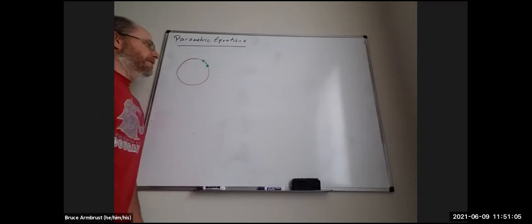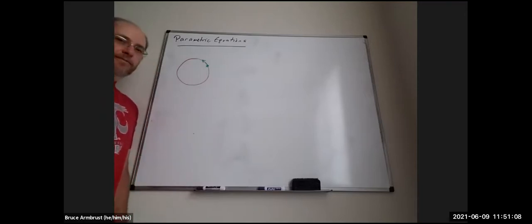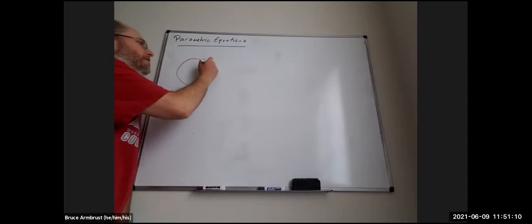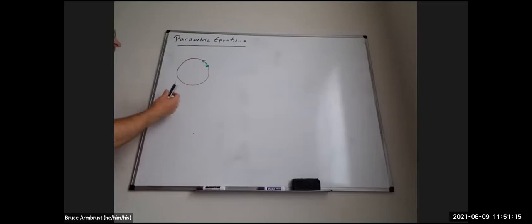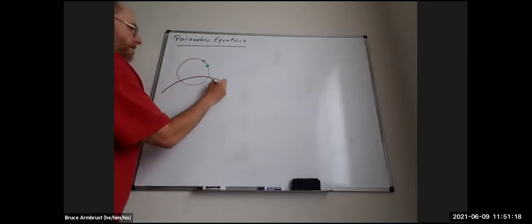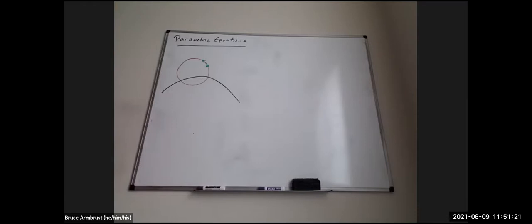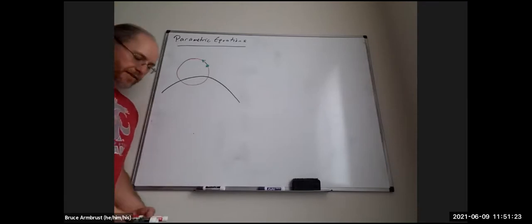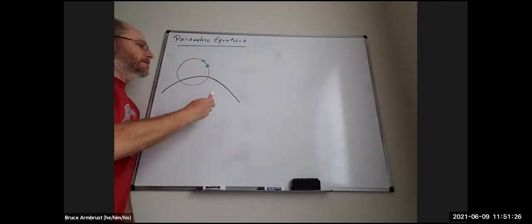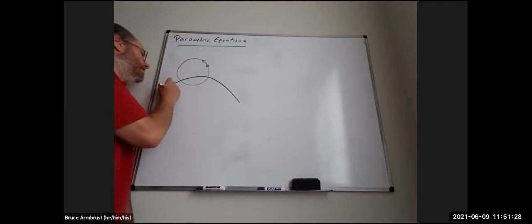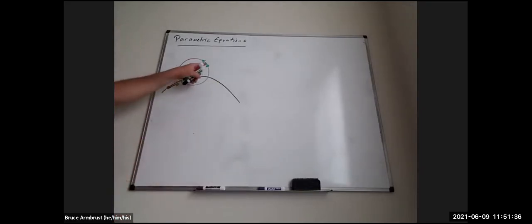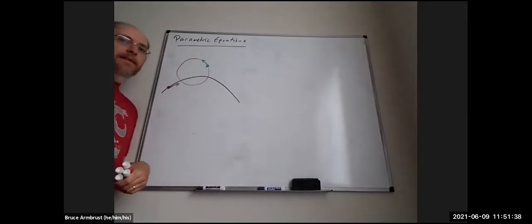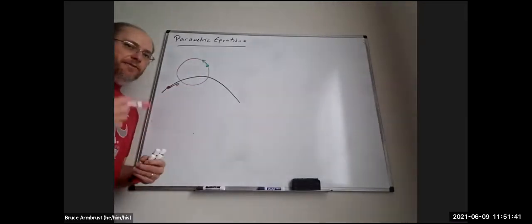And let's just say that it's moving in a counterclockwise direction. Okay, so got this going on. Now, we're going to have another path that does this. And there's also going to be a particle that's on this path. So let's say that it's over here. And let's say it's moving left or right. Okay, so we got the green particle, we got the blue particle. Just those 2 objects, they're moving on these paths.